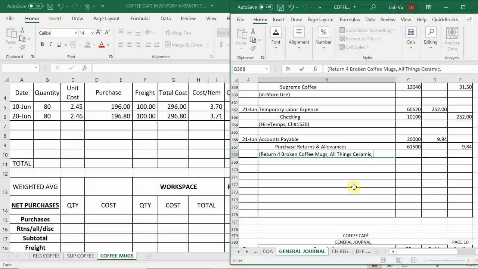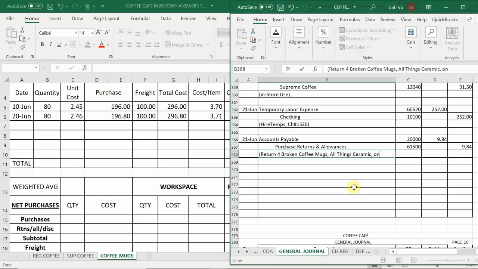Okay. Do we have an invoice number? Do I have an invoice number for those 80 coffee mugs that I originally bought for $2.46 each? $159.